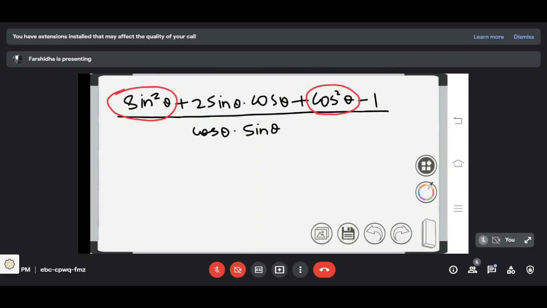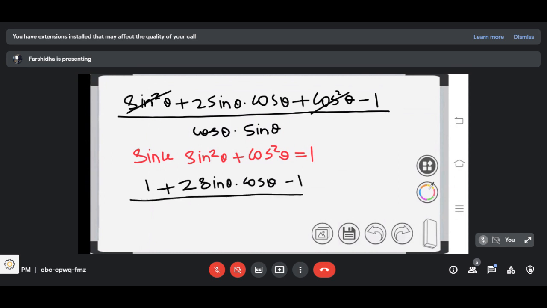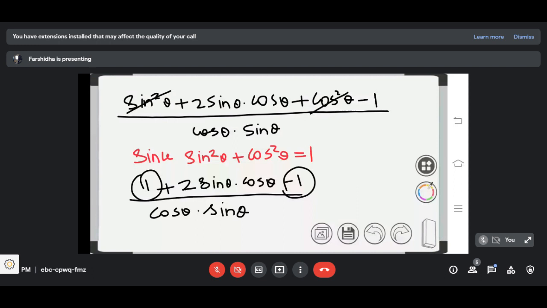We have identity 1: sine square theta plus cos square theta is equal to 1. So instead of these two, I'm writing 1. 1 plus 2 sine theta cos theta minus 1, divided by cos theta into sine theta. Now see here, 1 minus 1 got cancelled. 1 minus 1 is 0.